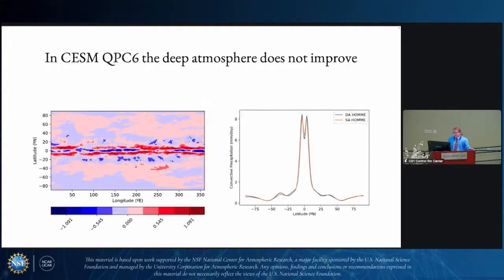So to return to the ITCZ problem, QPC6 by default shows a double ITCZ, which you can see here in terms of these double off-equator peaks. And what you see is that when we introduce the new dynamics, there is more off-equator precipitation in the new model than in the old model.